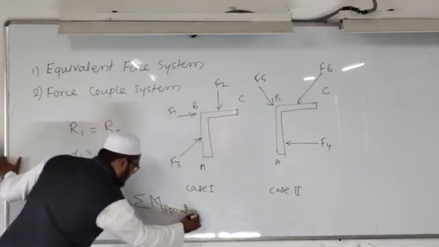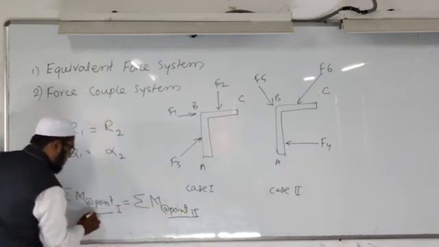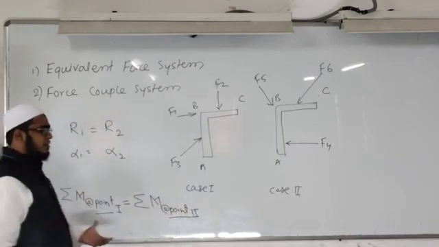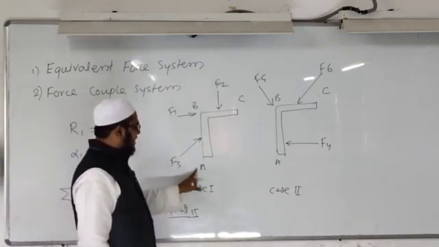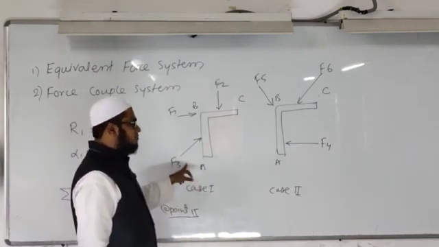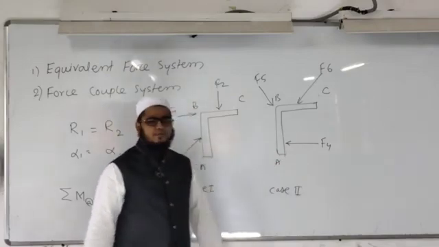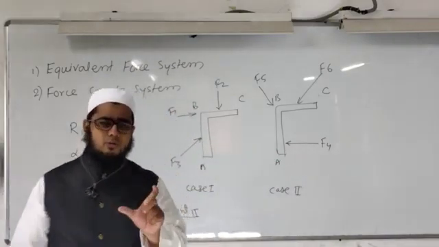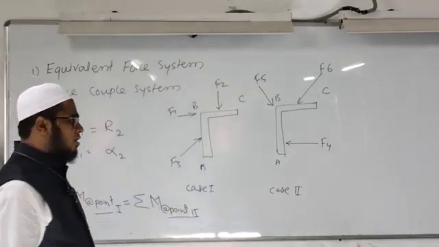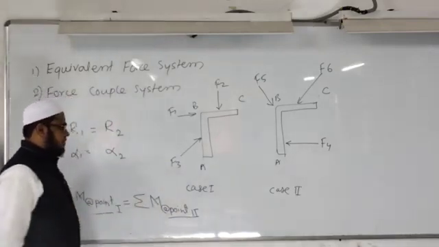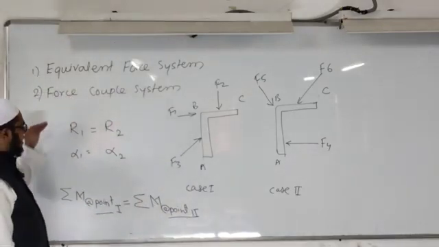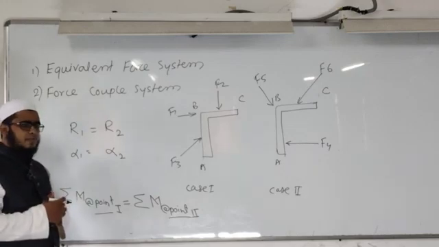This moment center will be the same in both cases. If you calculate the moment at A for case 1, then again we calculate the moment at A in case 2 also. That moment is also required to be the same in magnitude and direction. So these are the three conditions.